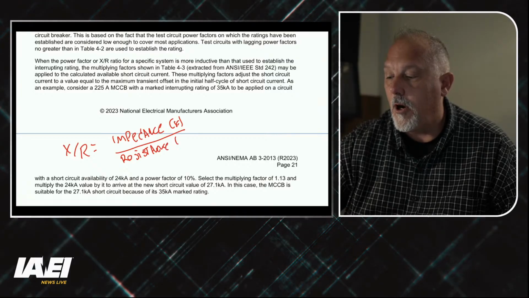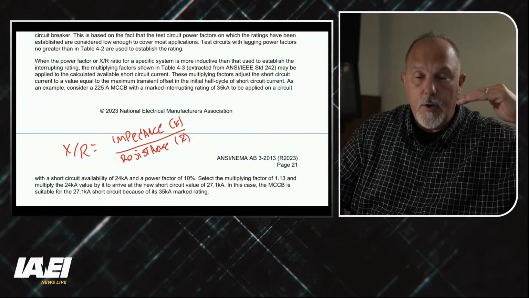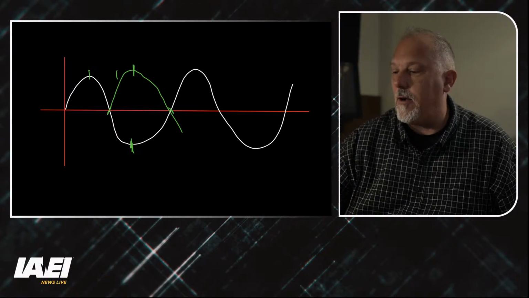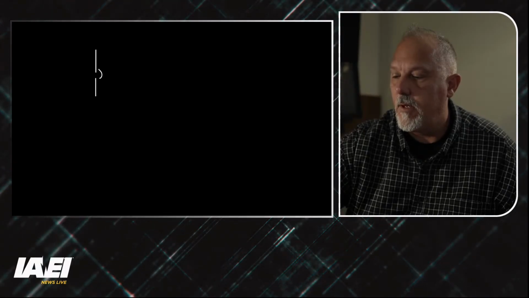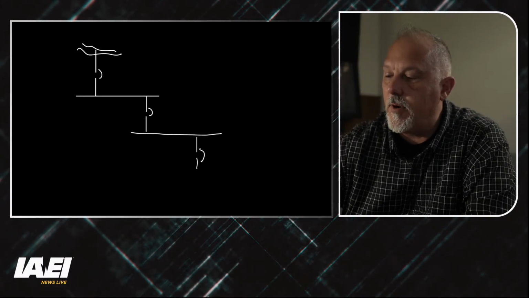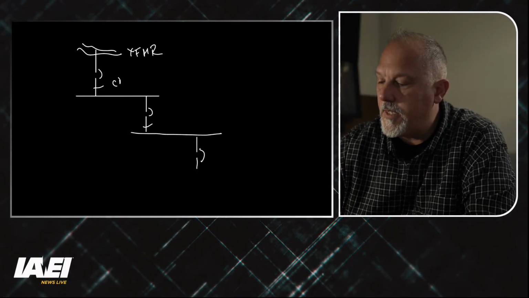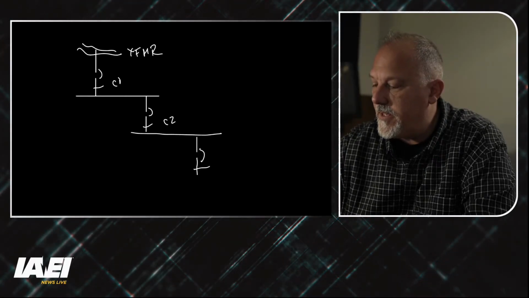So when you think about a circuit, I like white. When I think about a circuit like this, I come down to another breaker, and another breaker. Let's say I have a transformer up here. This is a conductor, this is a conductor, this is a conductor.